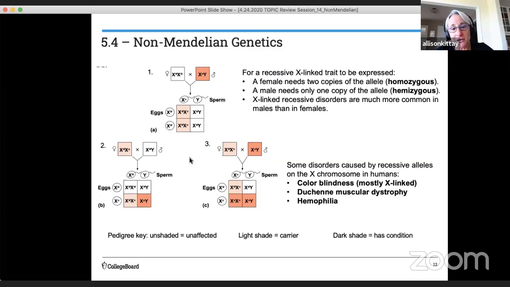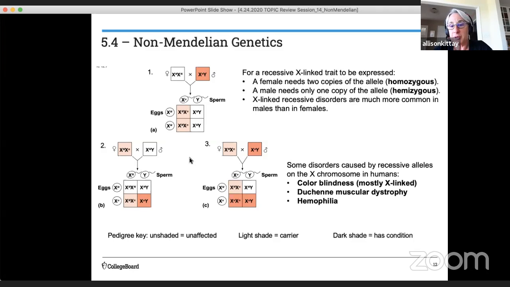And then finally, in the third case, if the female is a carrier and the male is afflicted, that's the only way we can get a daughter that would have the condition, because she would inherit the X with the recessive allele from her dad, and she has a 50-50 chance of getting that from her mom. Okay, so those are the 3 different possibilities for what happens if you're going to see an X-linked trait being passed down.